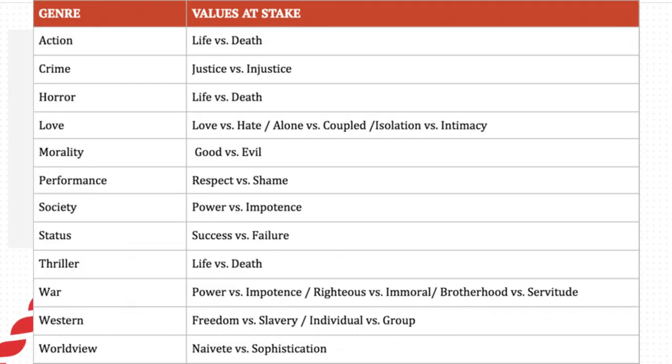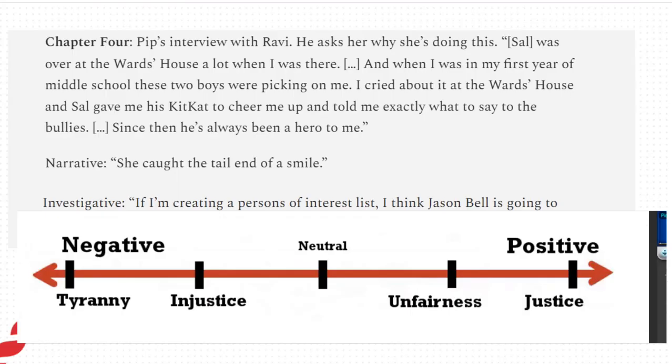Now, here's the moment where we pause and think about values and such. Remember that in the Story Grid, as well as Story by Robert McKee, there's a notion of the story value, which is basically a kind of a state of being. And the idea is that every genre focuses on a different value. And a crime story, which is what this is, focuses on the value of justice.